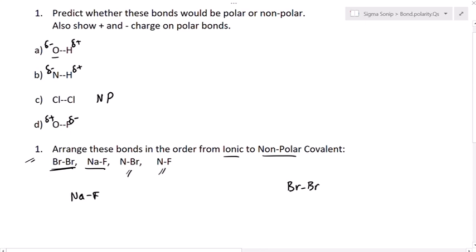In both cases, one atom is nitrogen and the other atom is fluorine in one case and bromine in the other. Now fluorine is the most electronegative of elements, so obviously the delta electronegativity would be higher in this, so this bond would be more polar than this bond, and that's how I'm going to arrange my bonds.